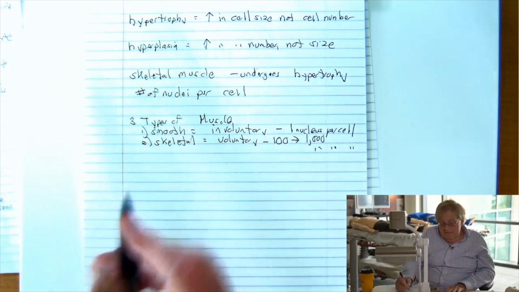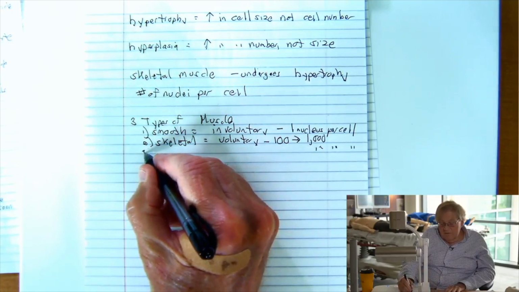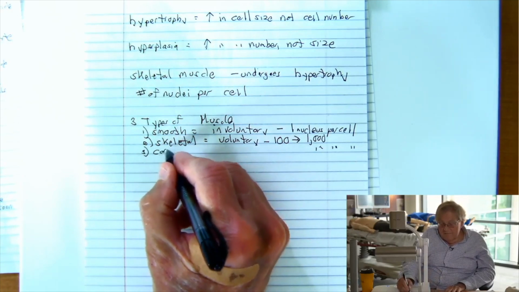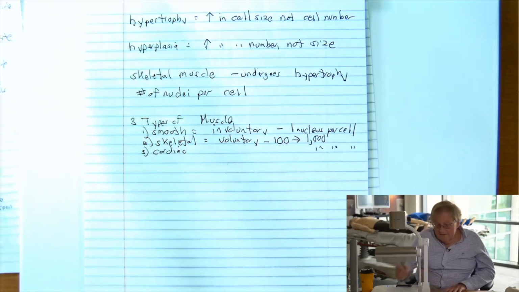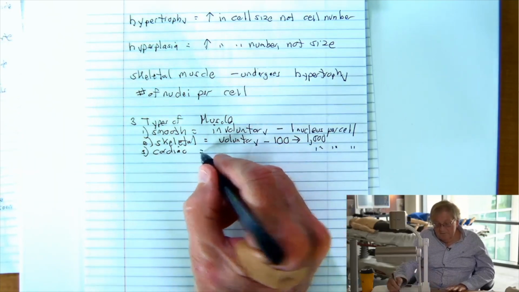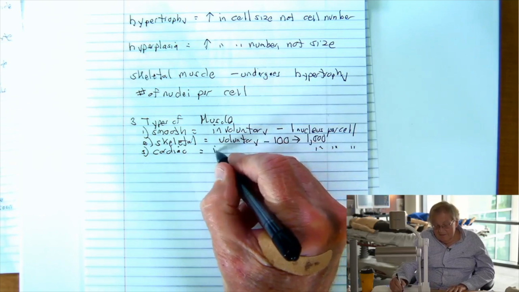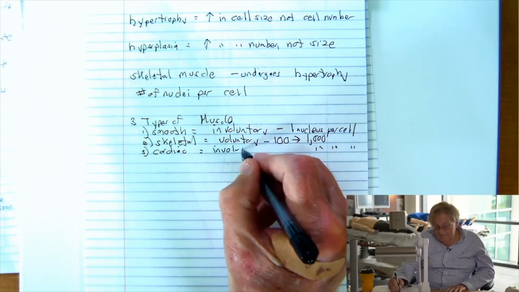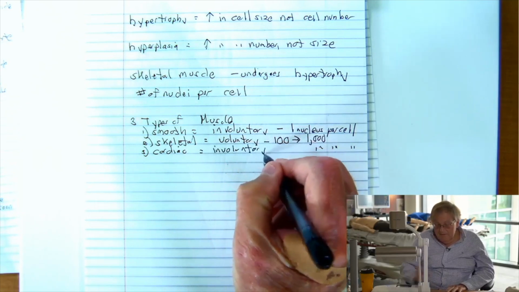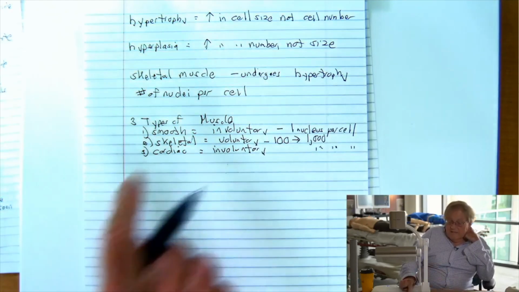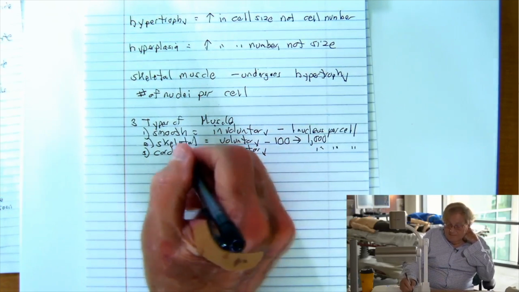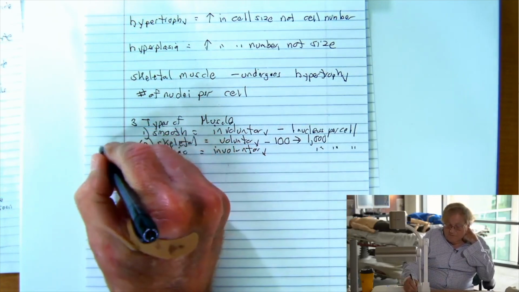And then, of course, in this course, we're also going to talk about cardiac muscle. And the difference, of course, here is that cardiac muscle is going to be an involuntary muscle, but it's going to be striated. So skeletal muscle and cardiac muscle are both going to be striated.